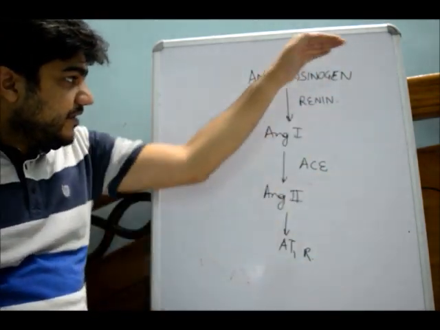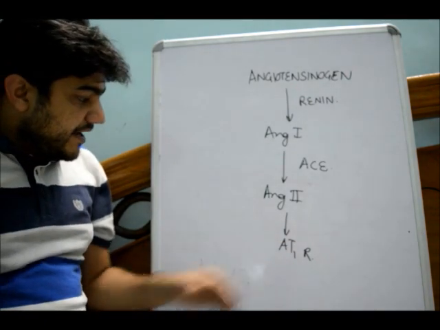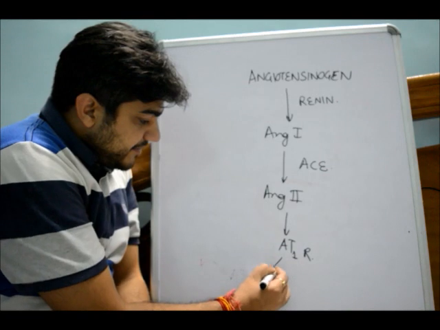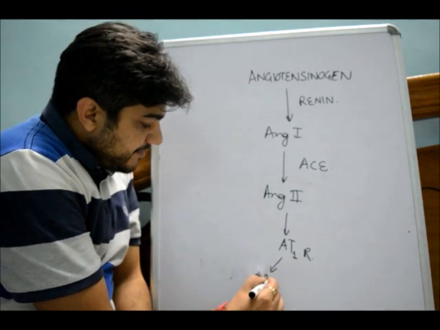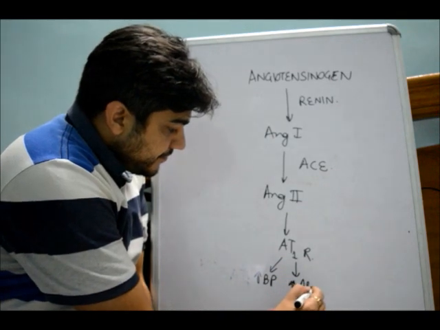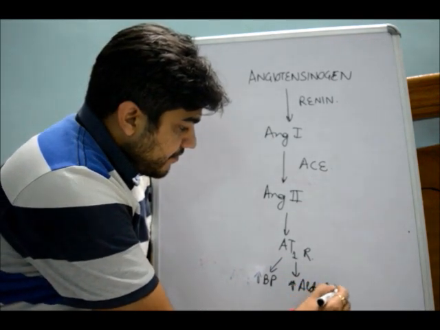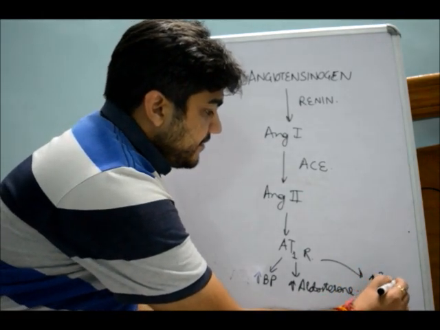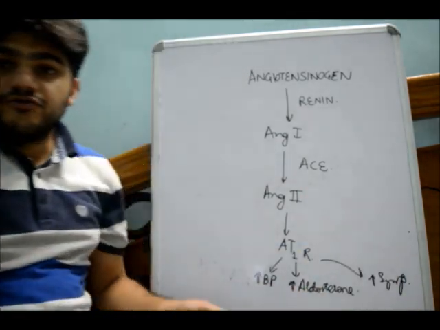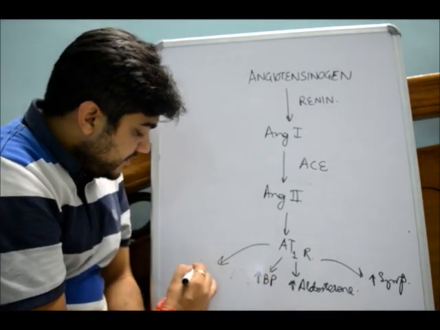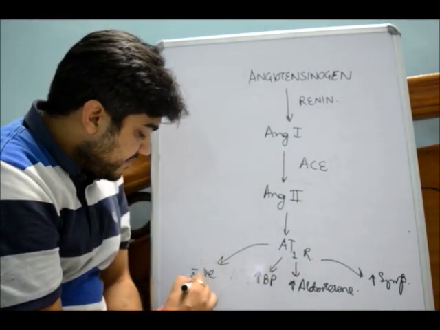So this is how things go down, and then the AT1 receptor is stimulated, and this receptor leads to increased blood pressure, increased aldosterone, increased sympathetic activity, and it is also responsible for the negative feedback.